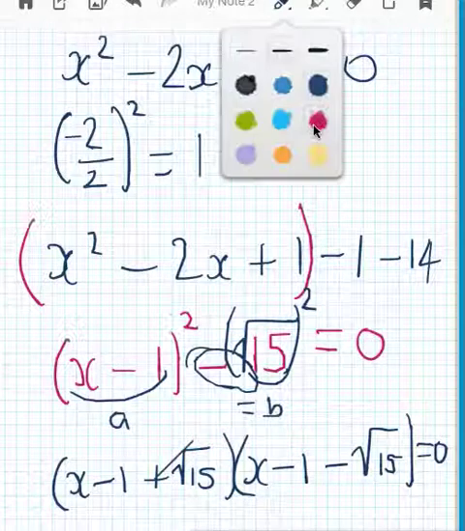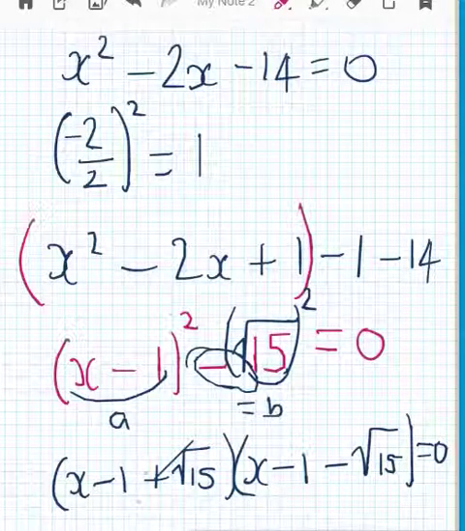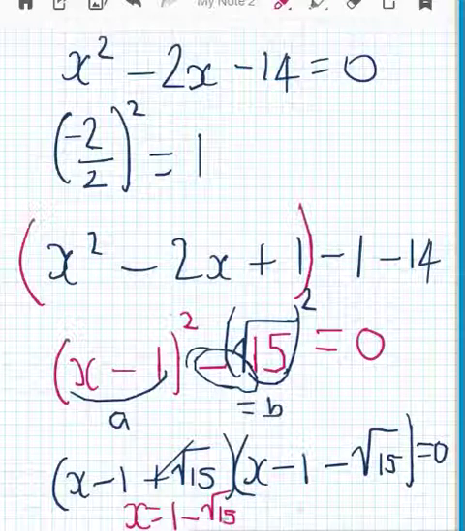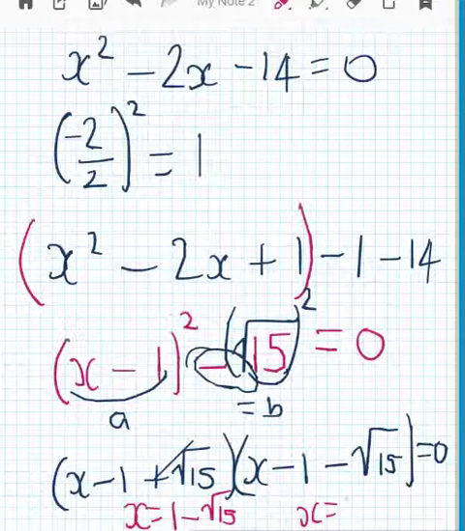So you can solve it by hand, do it the long way, but I can see if I bring the minus 1 to this side and the positive square root to the other side, x will equal, in this case, 1 minus the square root of 15. And for this one, x will equal 1 plus the square root of 15, since the opposite of minus 1 is positive 1, and the opposite of minus the square root of 15 is plus the square root of 15.